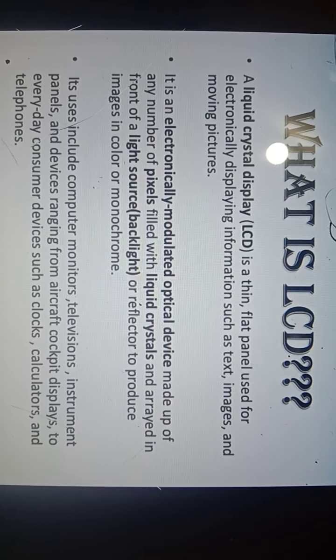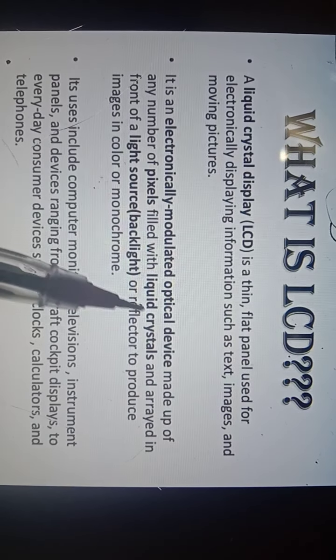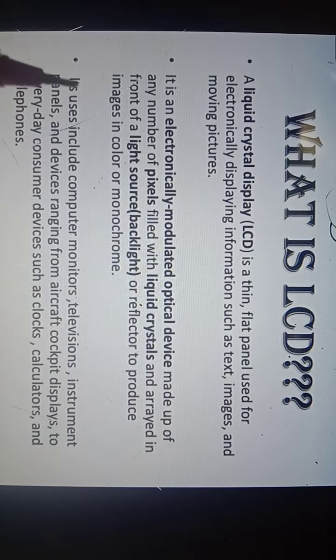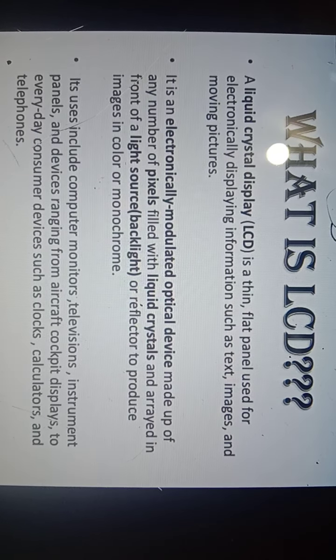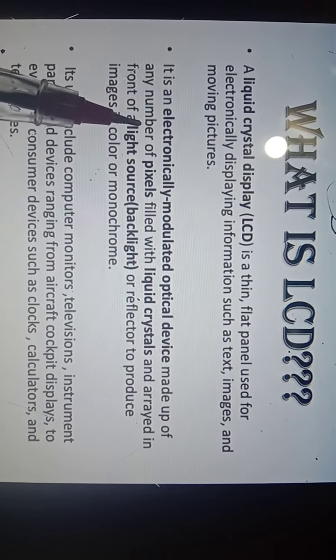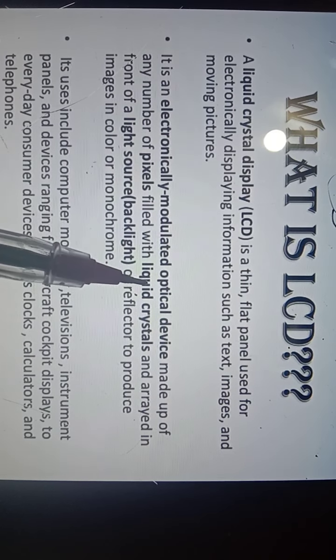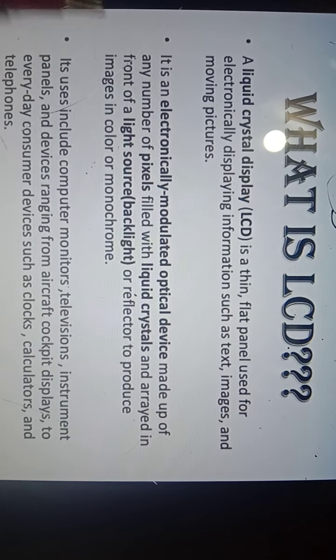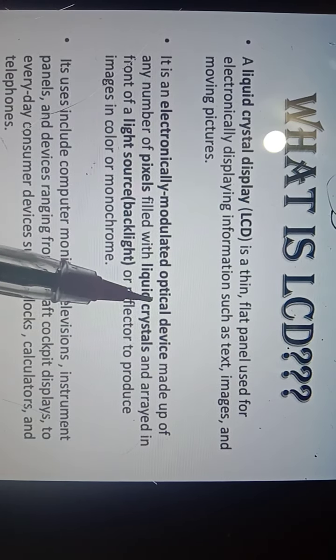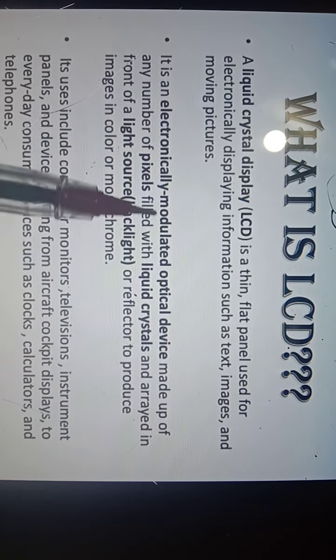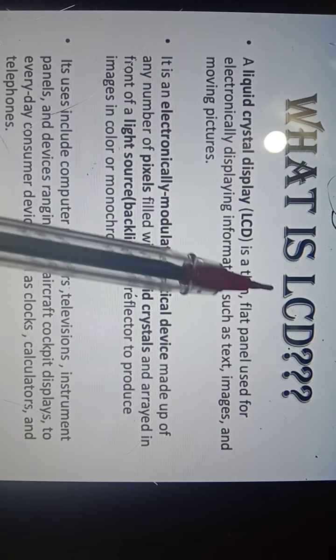Here we should understand that electronically modulated optical device means a device modulated by electricity, and optical means lens and all. This device is called an electronically modulated optical device, the LCD.